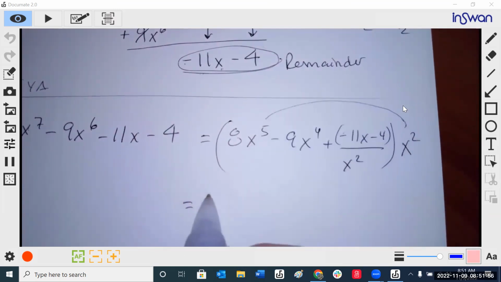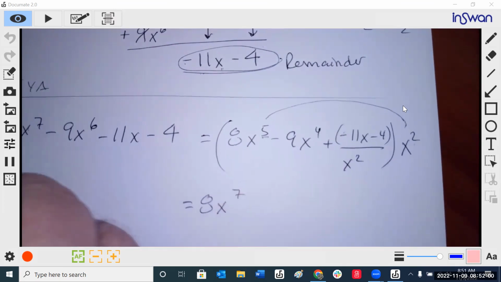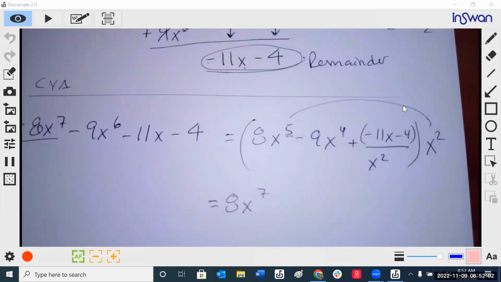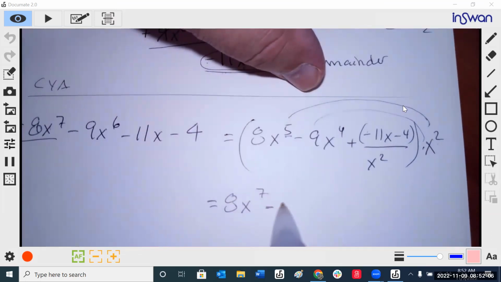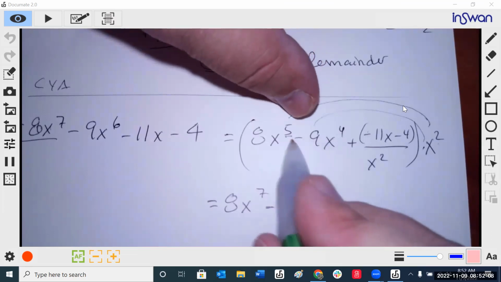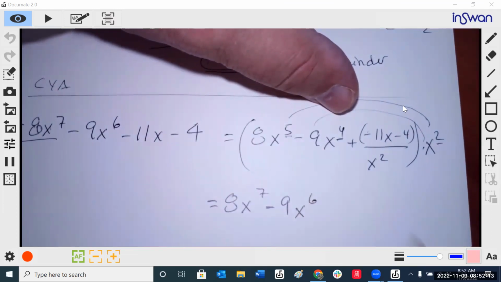So 1 times 8 is 8. 5 plus 2 is 7. That checks. Positive 1 times negative 9 is negative 9. I have 4 x's. I add 2 more. I have 6. That one checks out.